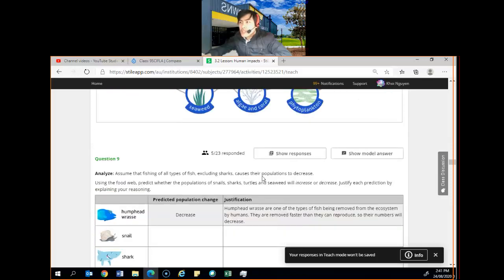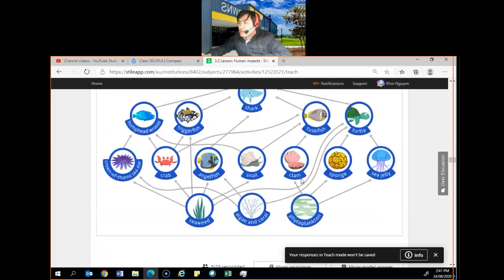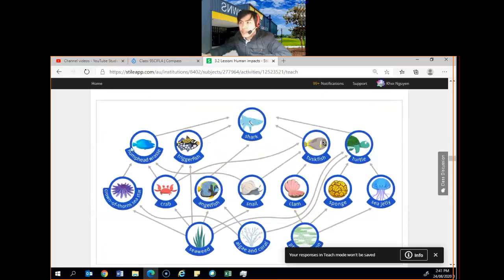If the humphead wrasse decrease in population, that means the shark would lose a food source. What we can see here is that the arrows mean the shark gets their energy from the humphead wrasse.